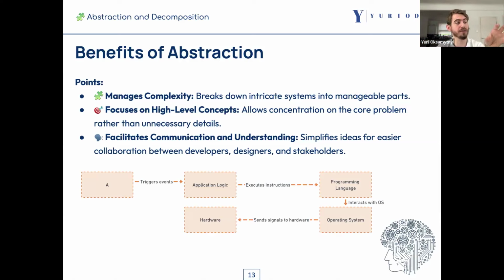Then the programming language interacts with some operating system, whatever it is, Windows, Linux, Mac OS, etc., and sends a signal to hardware. And then we are working with hardware, so CPU, whatever, or RAM processes your command. So we can see there is a huge chain of what's happening when we are just clicking on the button. And this is called abstraction, when we are hiding all of this logic.